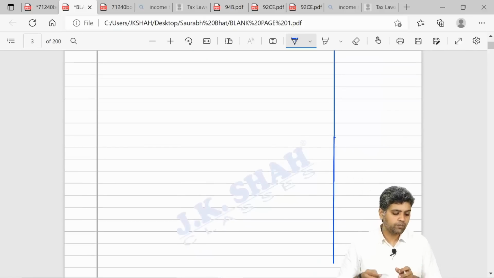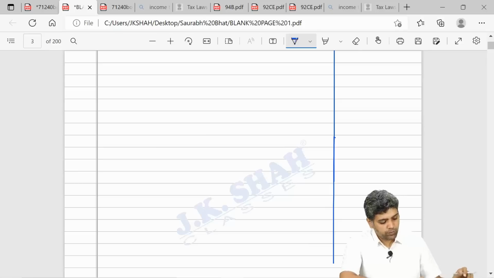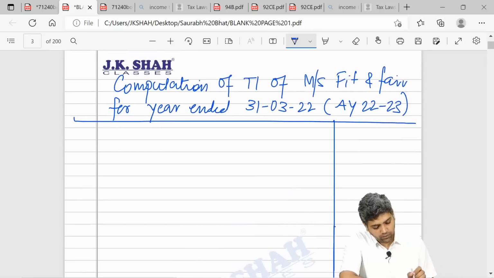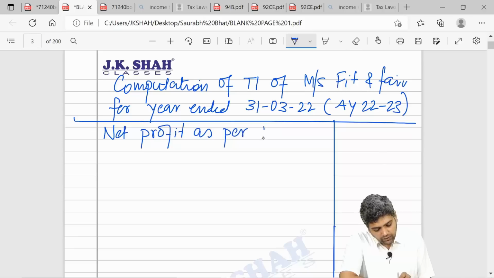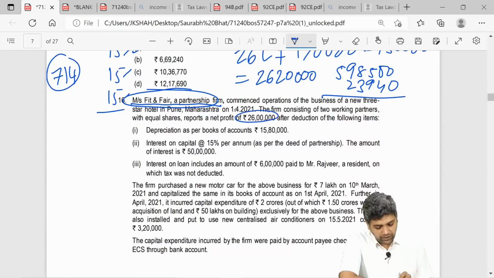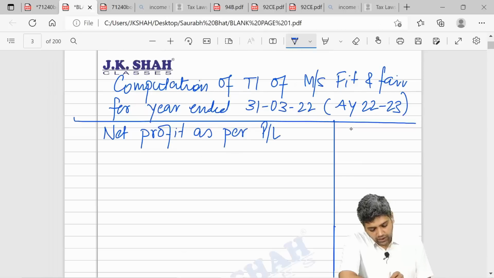Always friends remember, be it a question on AOP or be it a question on assessment of firm or be it a PGBP question or a question based on 115BBA, always my starting point is net profit as per P&L. So the net profit as per P&L is given to me as 26 lakh rupees.